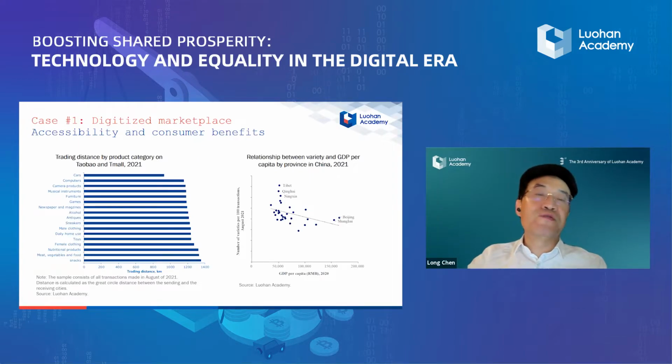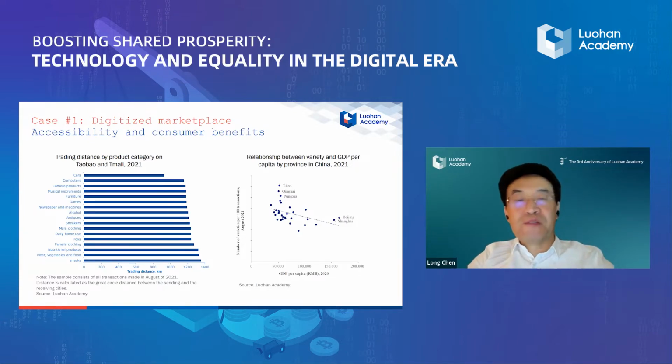Let me give you some examples. The first example is the digitized marketplace. It's a wonderful thing that breaks the traditional boundary of space and time and makes the market so much bigger.